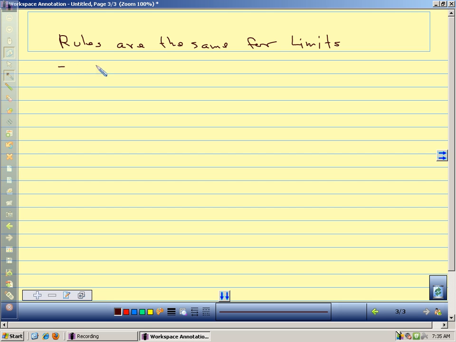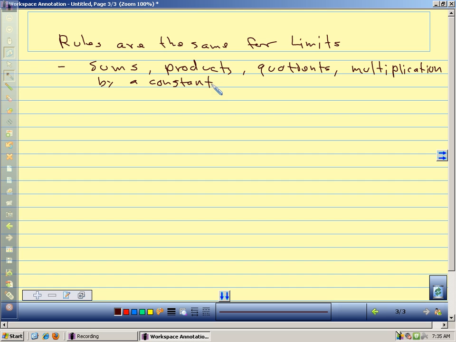And those include sums, products, quotients, multiplication by a constant. They're all the same for multivariable functions as they are for single variable functions.